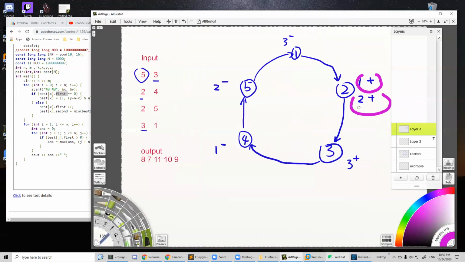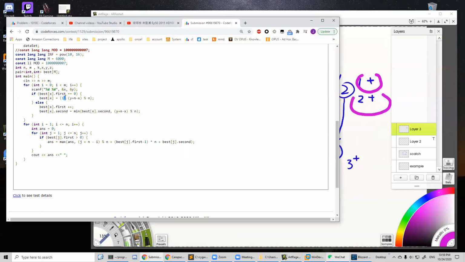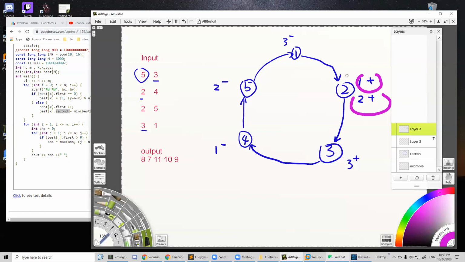Then what is the second value for each station? The second value is the minimal distance in that station, because we're going to cover the minimal distance last, in the last circle.